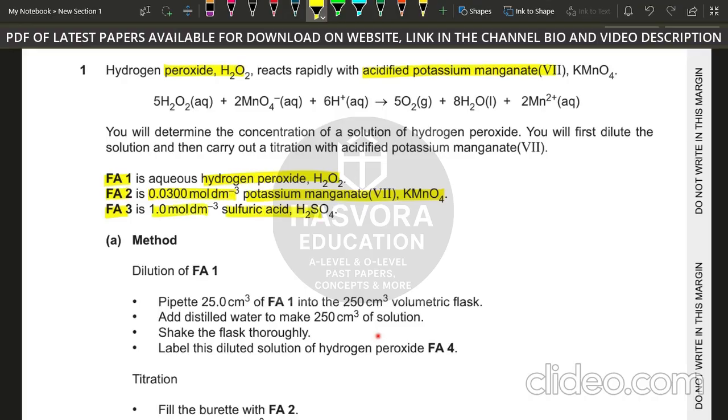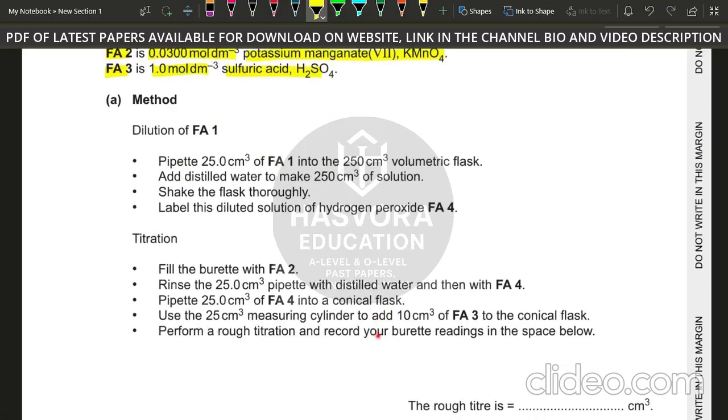Now what we are going to be doing is diluting the Fa1. This is the method: pipette 25 cm cube of Fa1. You should keep this scheme of work in your mind. We are actually performing a dilution.